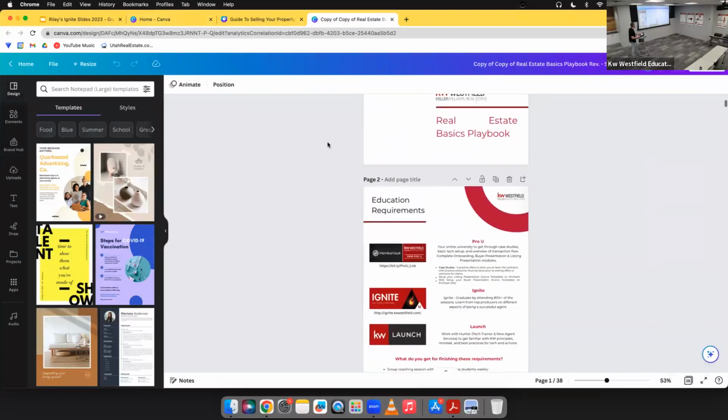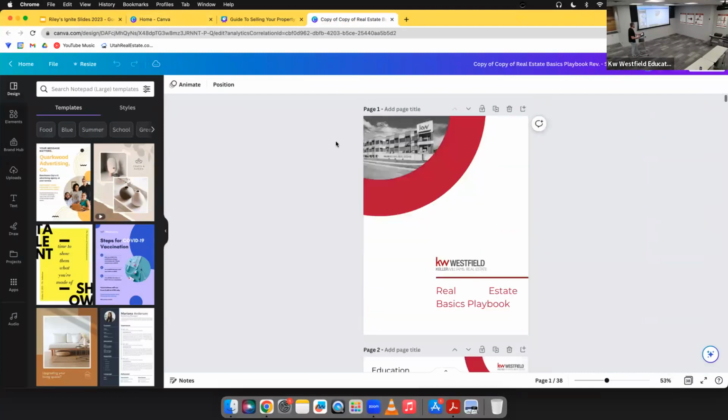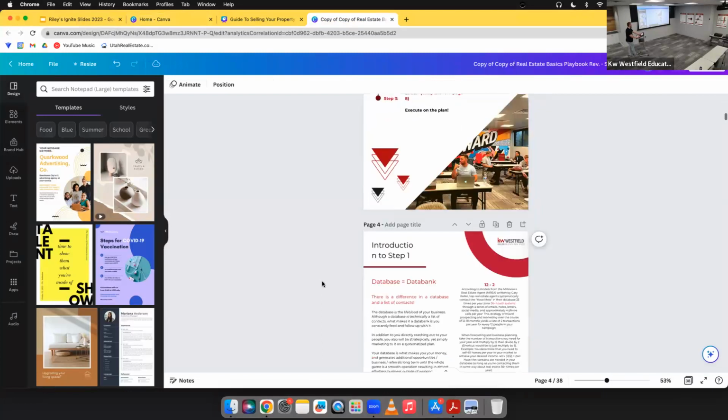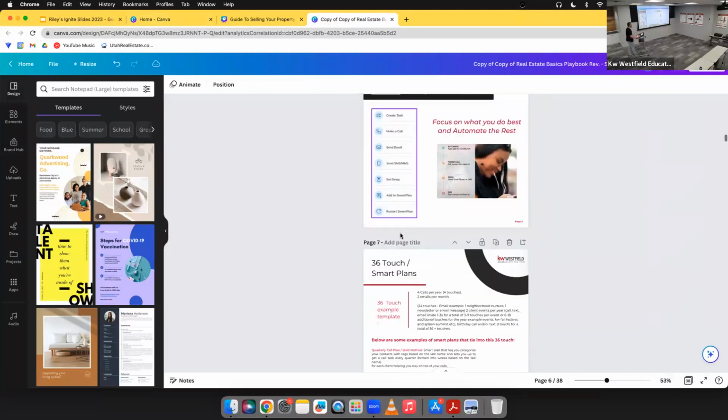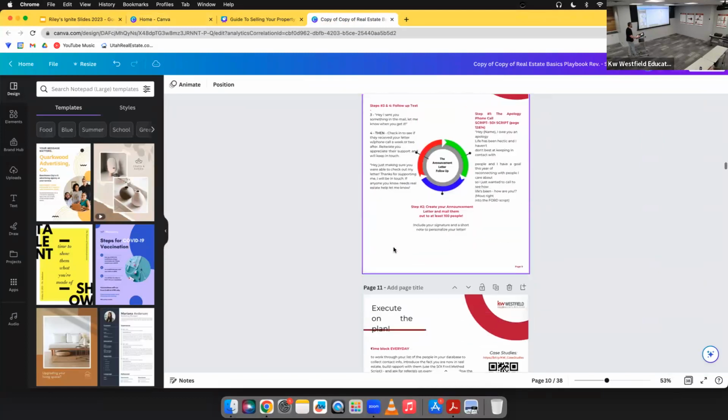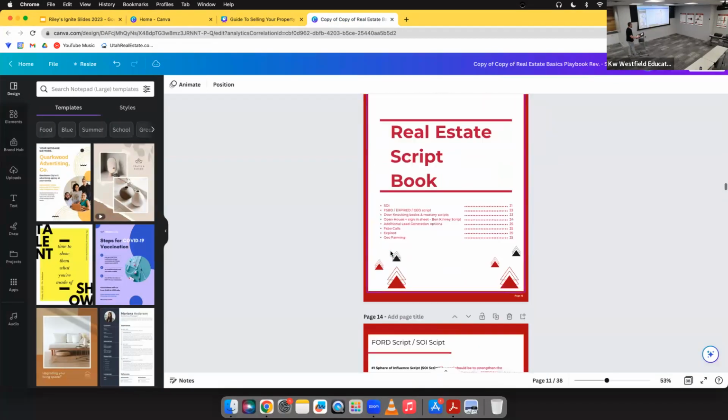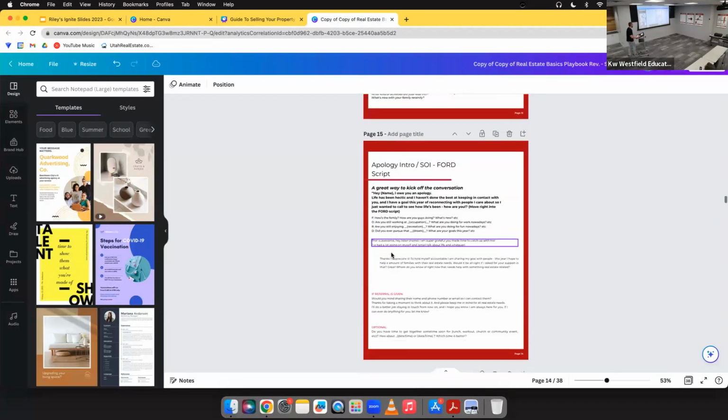But anyways, I'm going to send you guys this real estate playbook. I don't know if they give it to you anymore when you start. You did have this? Dope. So in the real estate playbook, if you don't have it, just let me know. I need to probably have them go through and update it. It got all screwed up for some reason. But besides the point, the most important part that I wanted to talk about today is, this the one I updated? Oh my gosh, this is all over the place.